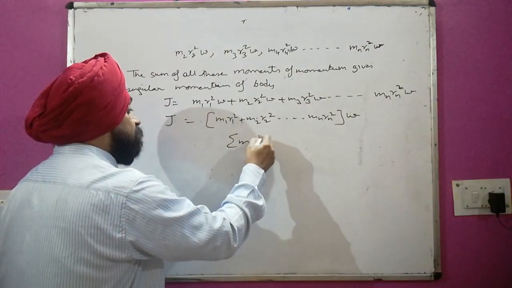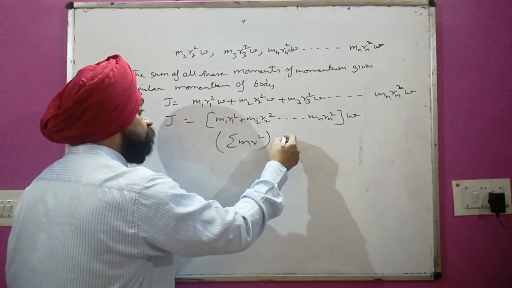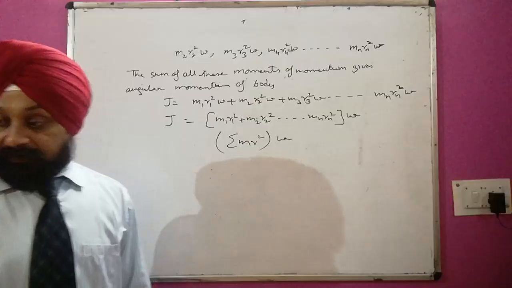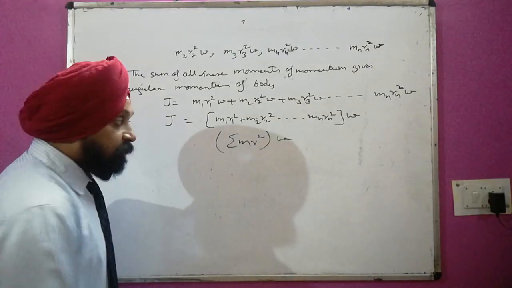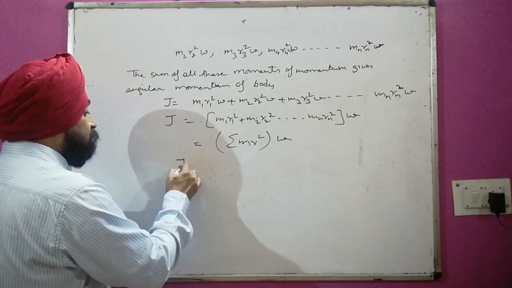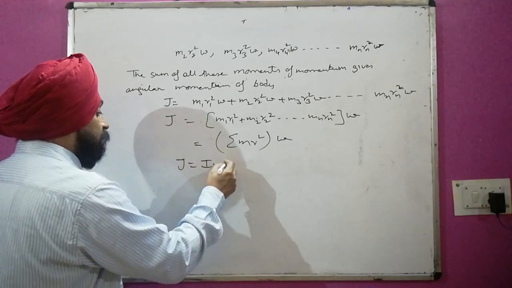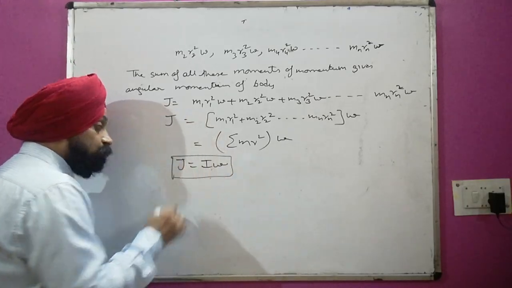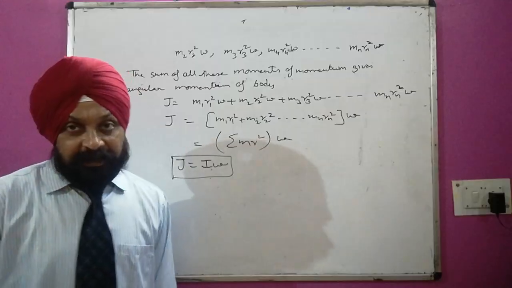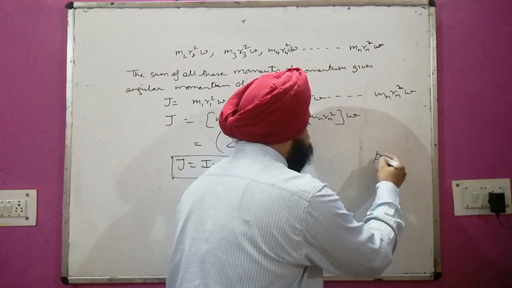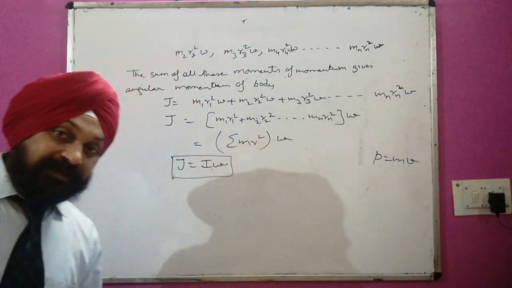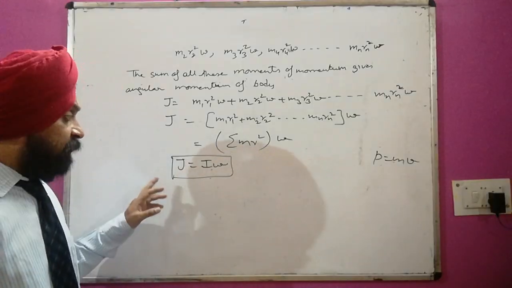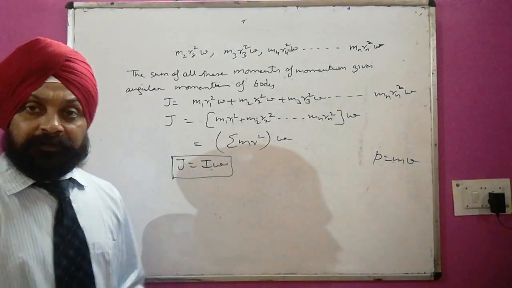The summation m r square is I, so J equal to I omega. Remember in straight line motion we used to say momentum equal to mass times velocity. On a similar basis in rotation we can say J equal to I omega.